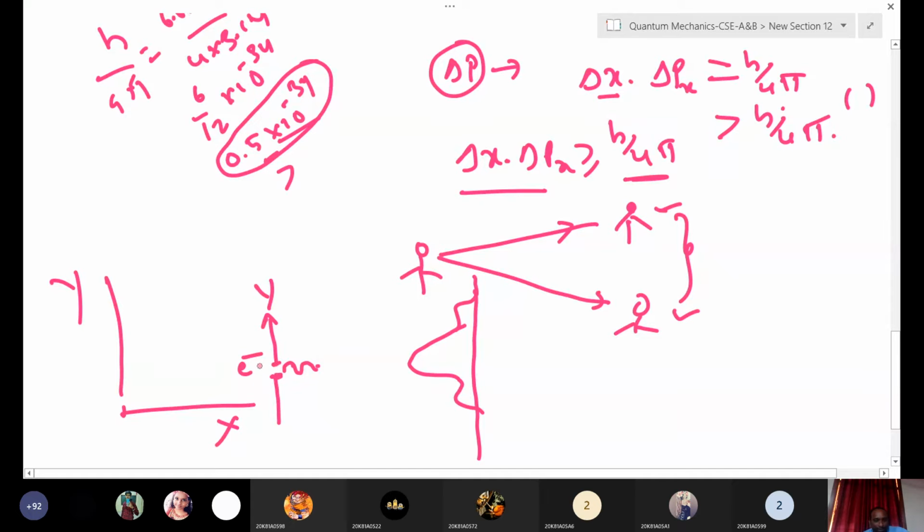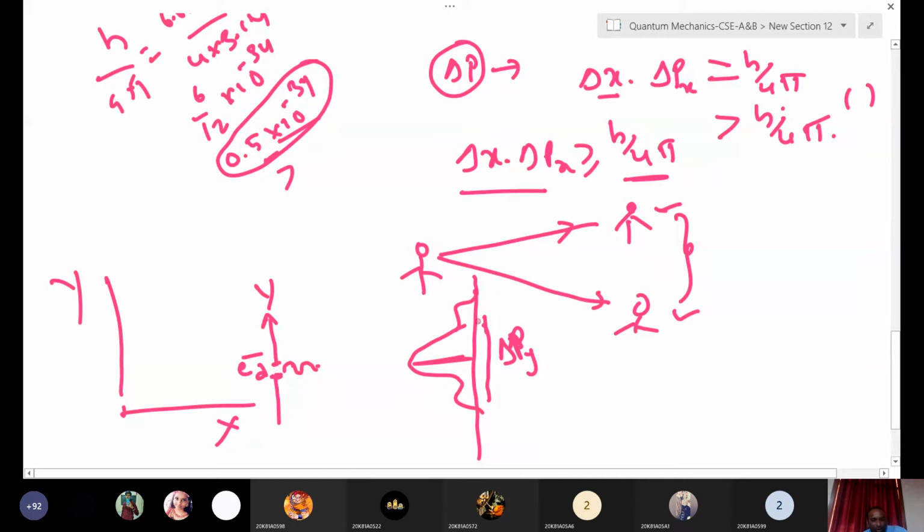Suppose the slit width is d. The electron moves only within this slit width, because beyond it the electron will be blocked, right? If you observe the diffraction pattern here, you are getting this much. Suppose that is delta p_y, the electron momentum along the y direction, which is very small.